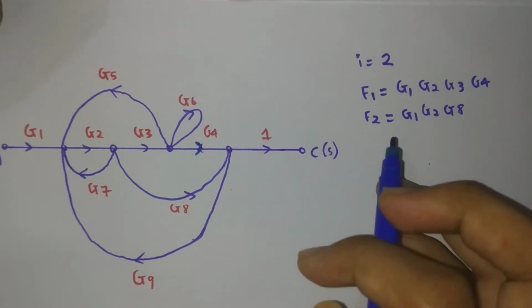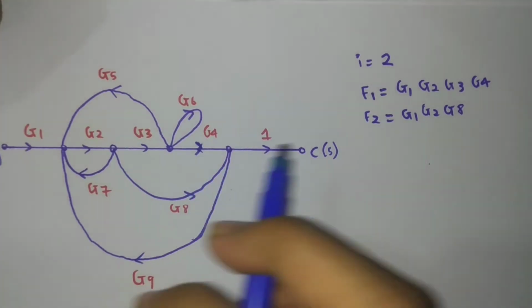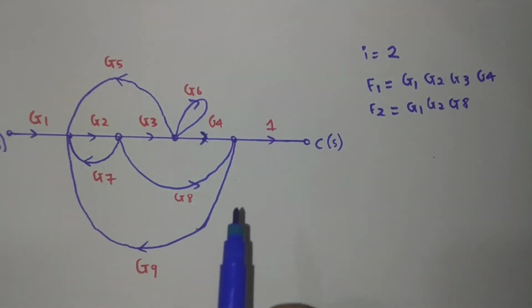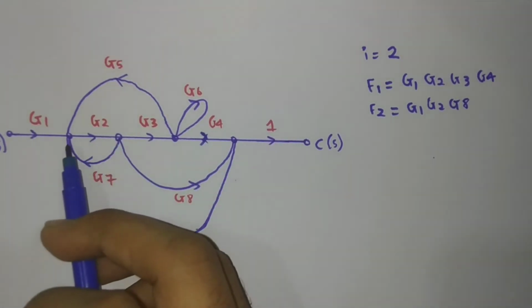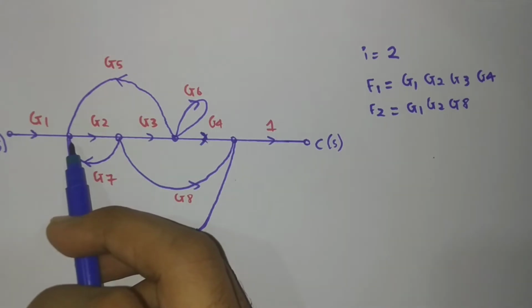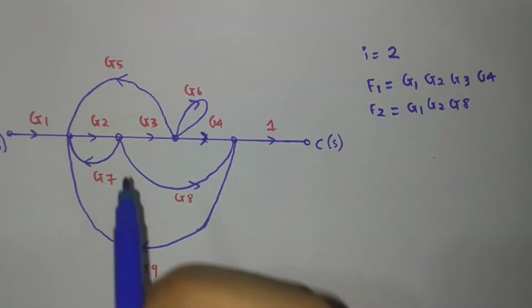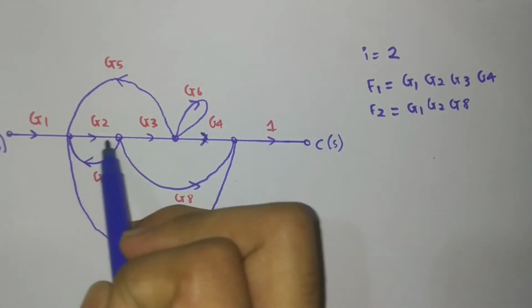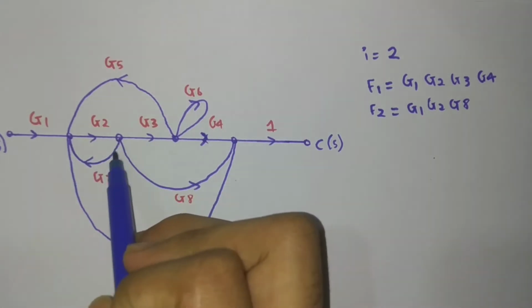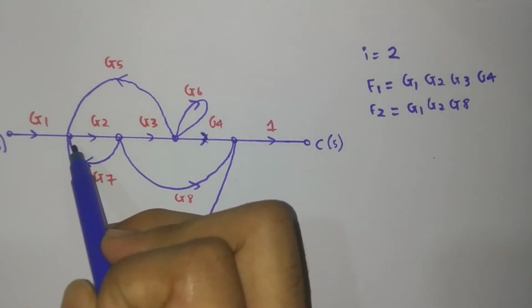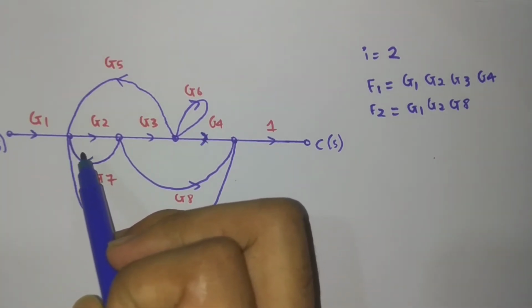So what is a loop? A loop is a path where the signal starts and ends at the same point. Suppose this point here, the signal is going like this, that is G2, and G7 is again coming back. So this is called a loop.